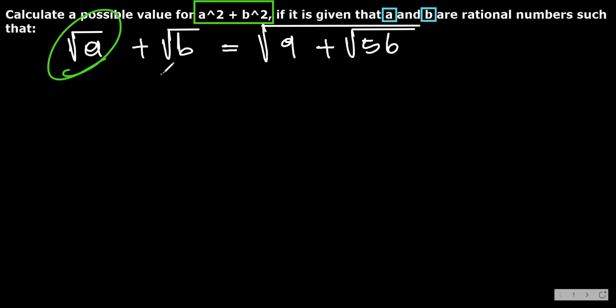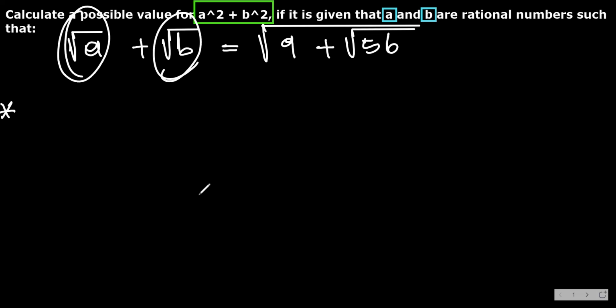But we know the square root of a plus the square root of b gives us this answer on the right-hand side. So what is the first thing we need to do? The first thing we should do here is to square on both sides, because we don't want a and b to have square roots.